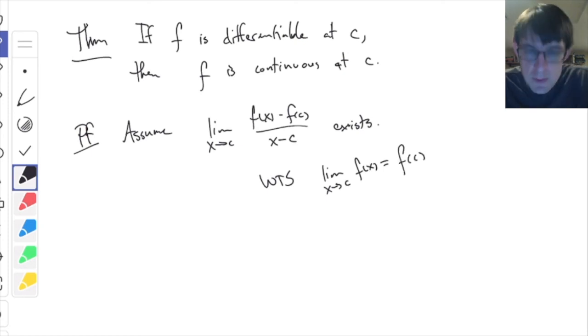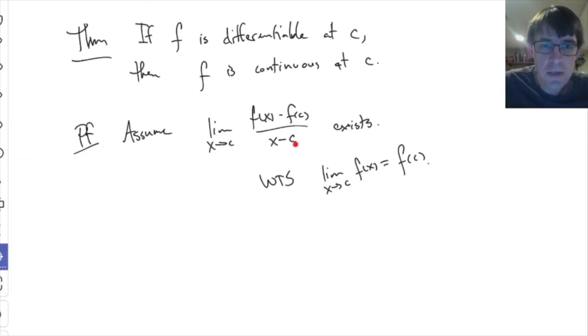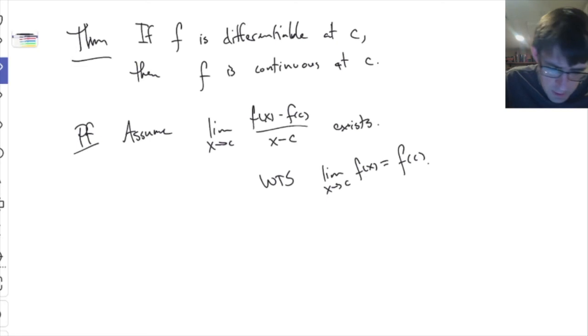This is what it means to be continuous at c. So the idea is you have to somehow start with this and do some magic on this to end up with that. Unfortunately, this is only one side. There's no equal sign here, so it's not just a matter of doing algebra to rearrange that, but it ends up working pretty easily if you know the trick.